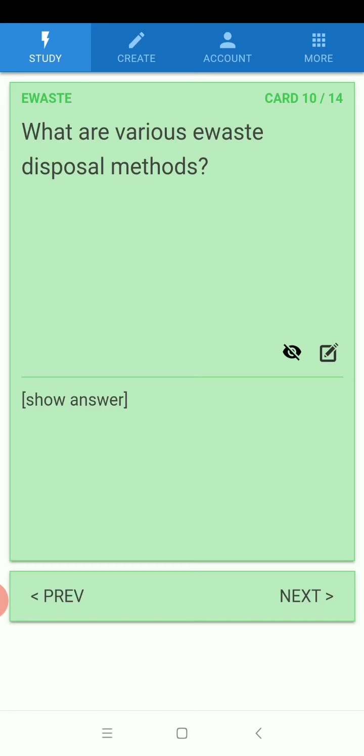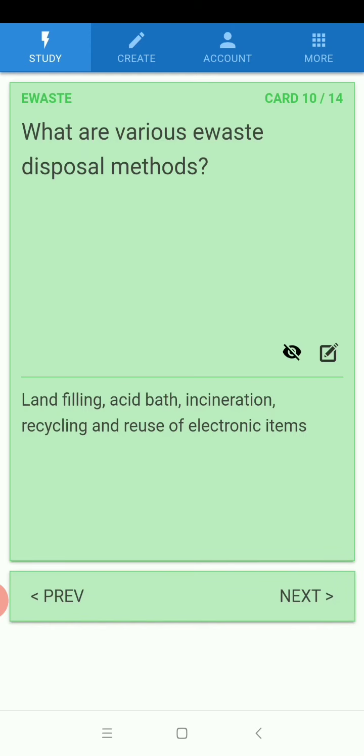Next, what are the various e-waste disposal methods? When the electronic equipments become e-waste, then we need to dispose them off. The various methods which are being used are landfilling, acid bath, incineration, recycling, reuse of electronic items. We are going to discuss them one by one.